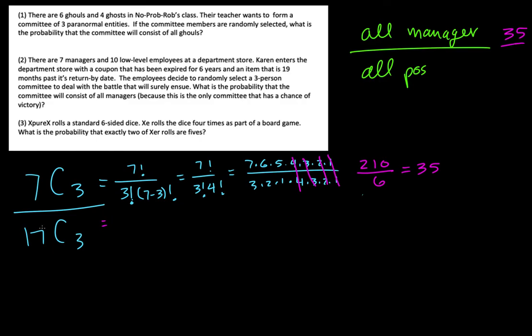Now if we do this one, we get 17 factorial over 3 factorial and (17 minus 3) factorial. So 17 factorial over 3 factorial. 17 minus 3 is going to be 14 factorial.